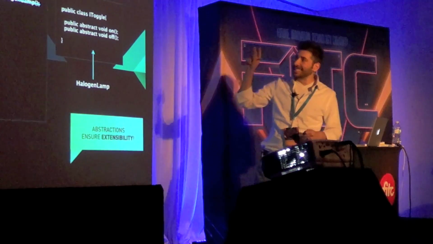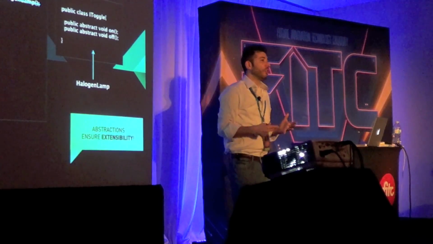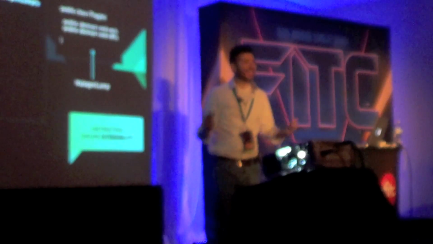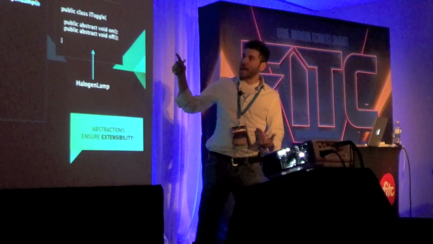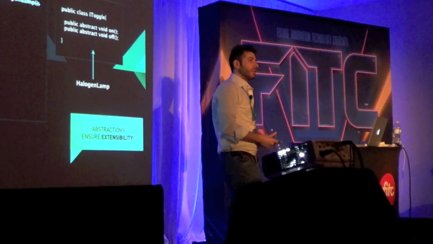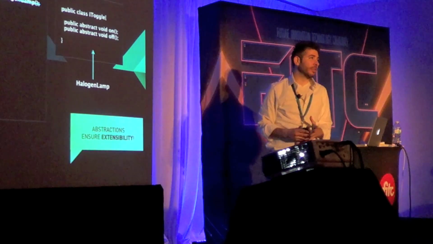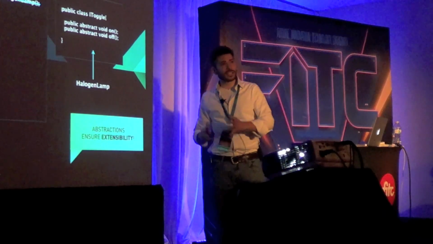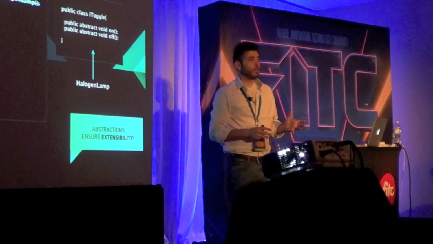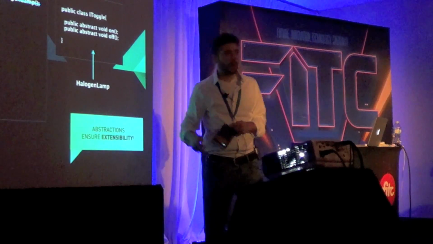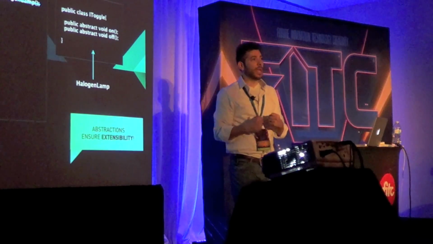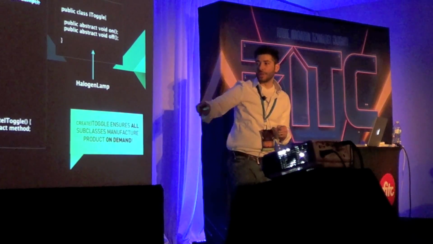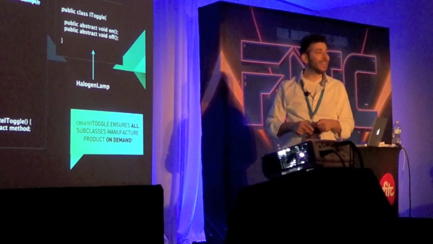Now, if our application does require that we make use of the halogen lamp, then we will continue to do so, but it'll be our subclass who will instantiate the object for us. And we only want to know in our framework of that object through its inherited interface, which will be our iToggle. All right, now because I did say it's going to be the subclass to provide the object, we need to make sure that our framework can get this object on demand and as it requires. And to do so, we're going to employ a method, which I call createToggle.